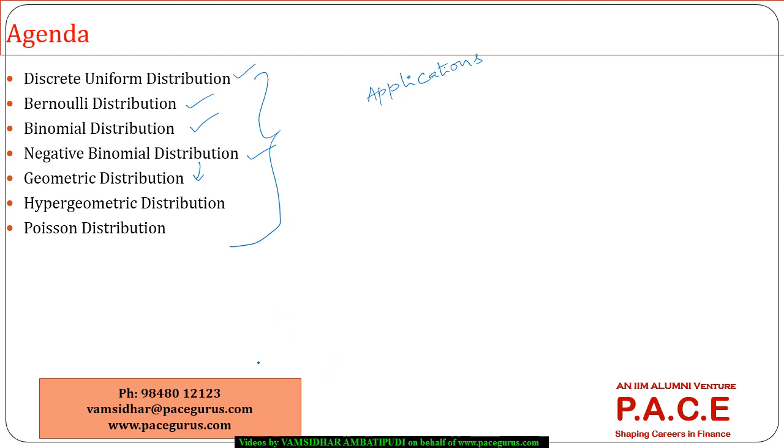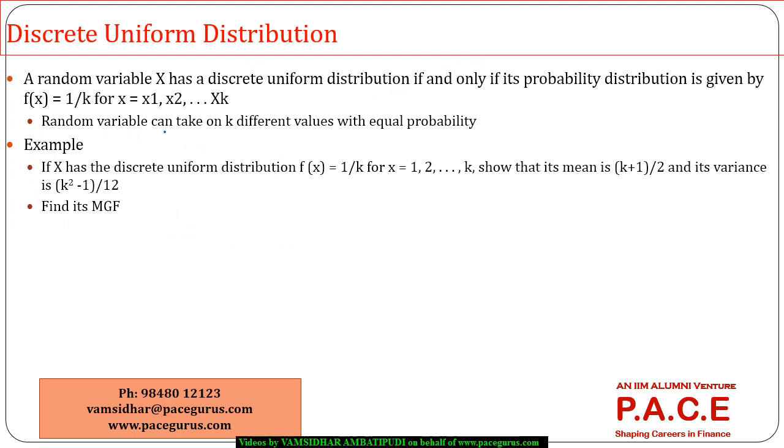Then we will move on to the hypergeometric distribution, and towards the end we will end with the Poisson distribution. Under the discrete distributions category, these are the distributions we will be getting comfortable with. So now let's go one by one.